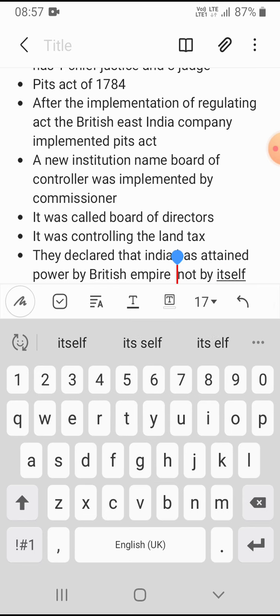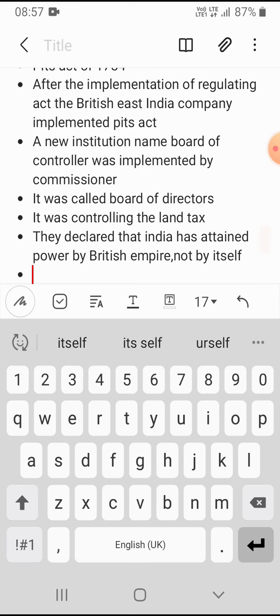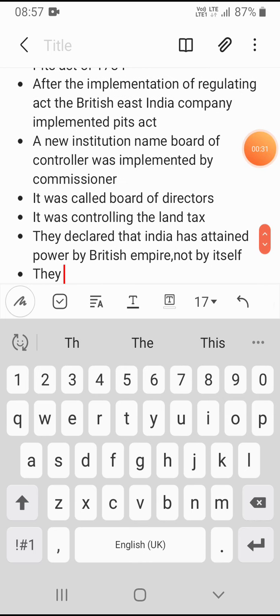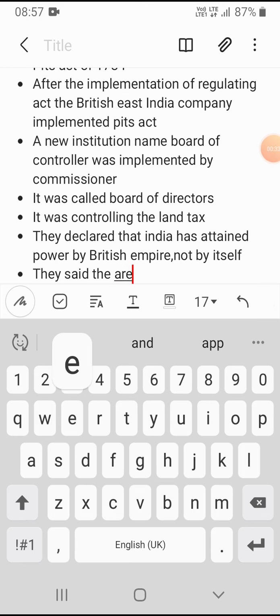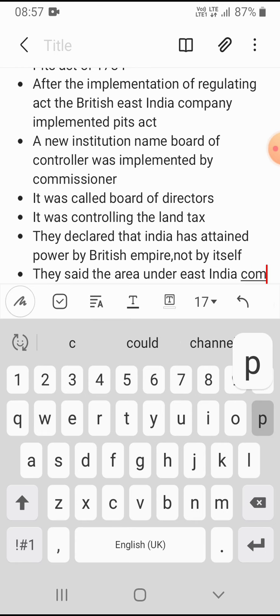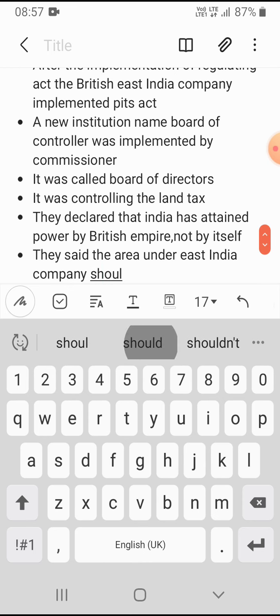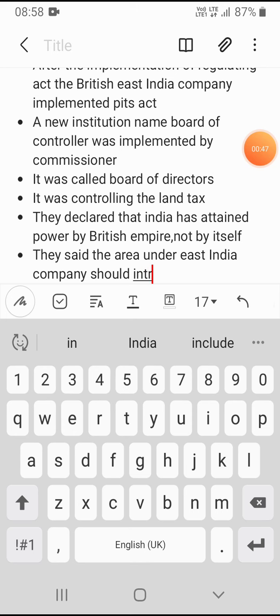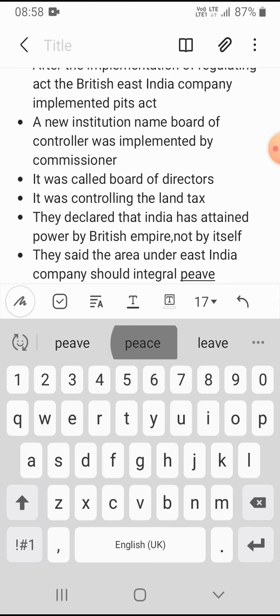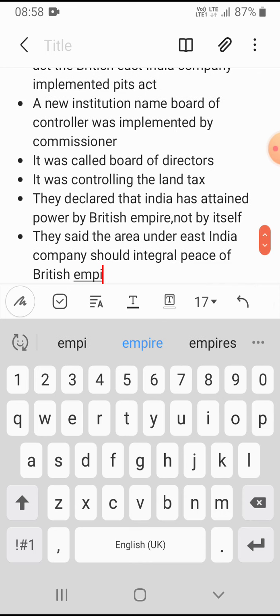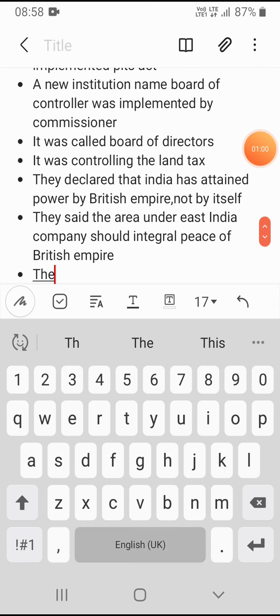They said the area under the East India Company should be an integral piece of the British Empire, as well as the Government of England.